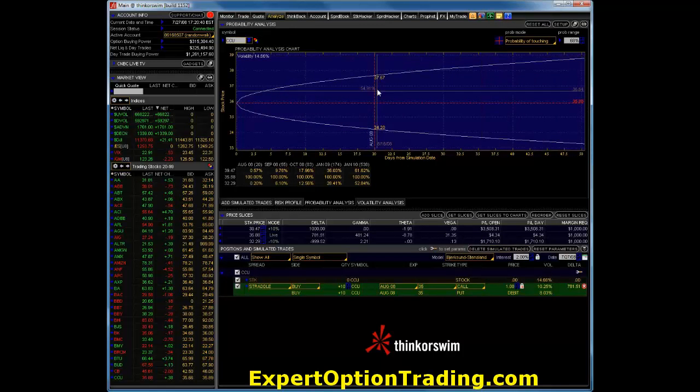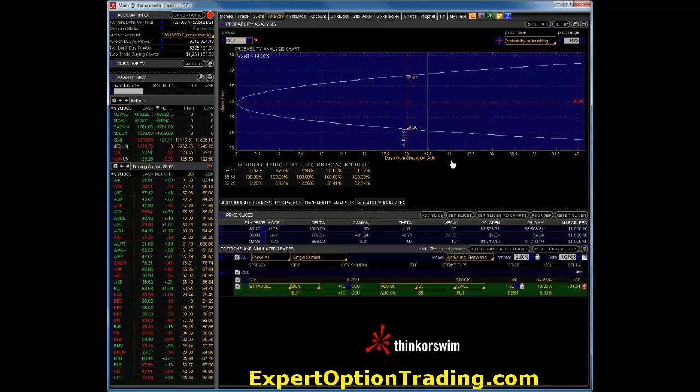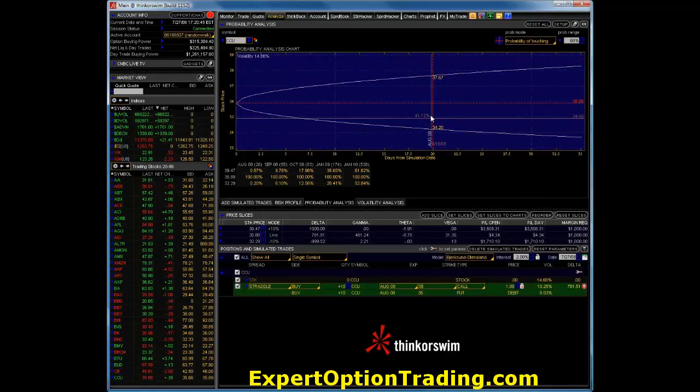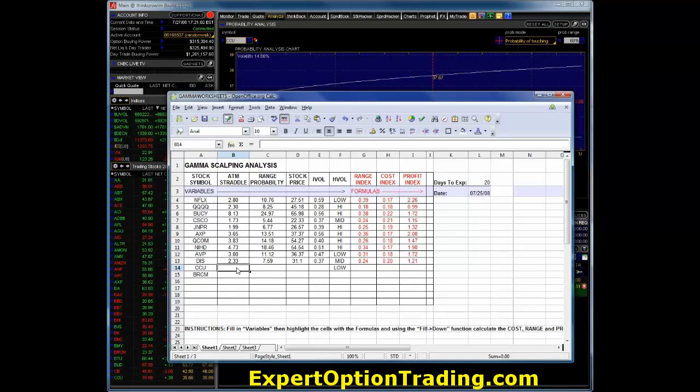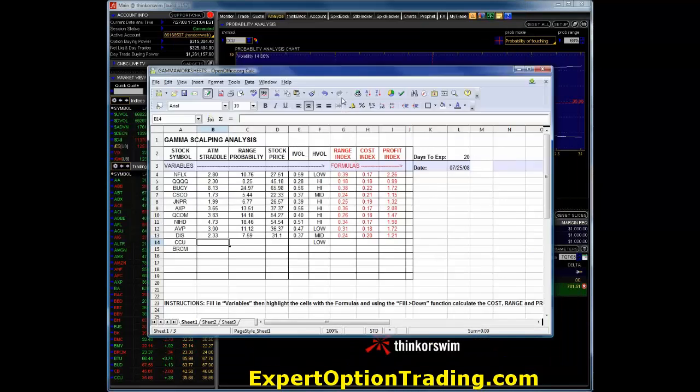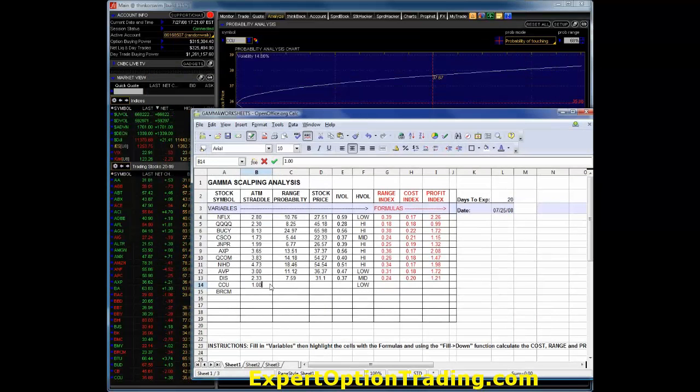And if we take a look here, we have a range here, 20 days to expiration, between $34.20 and $37.67. So let's go ahead and subtract those numbers. Minus 34.20, that gives us a range of $3.47. We'll bring up our worksheet here. The straddle price was $1. The range probability was 3.47.